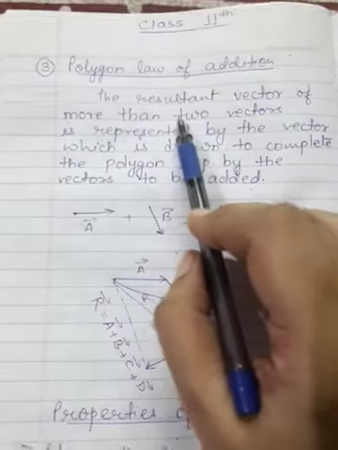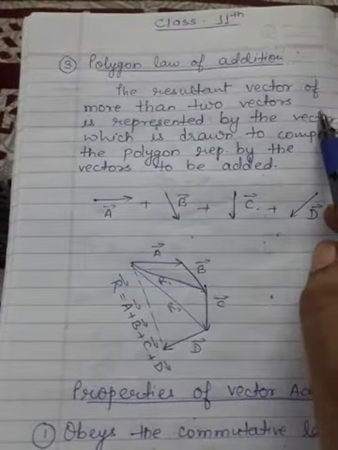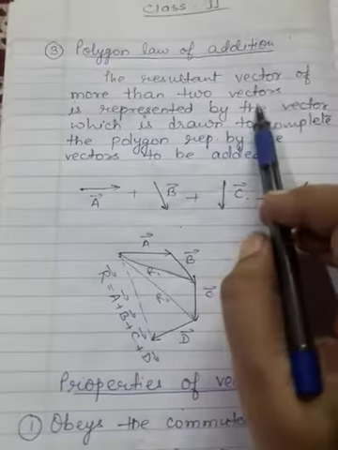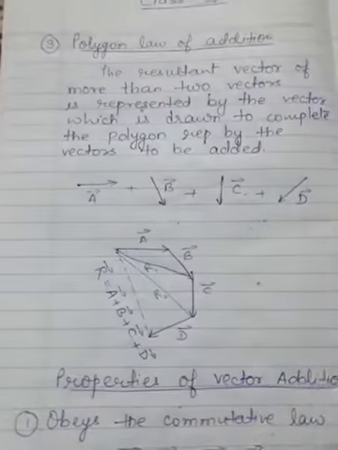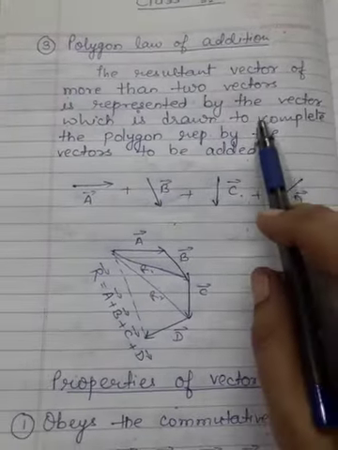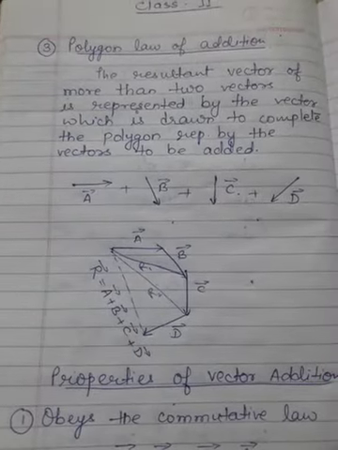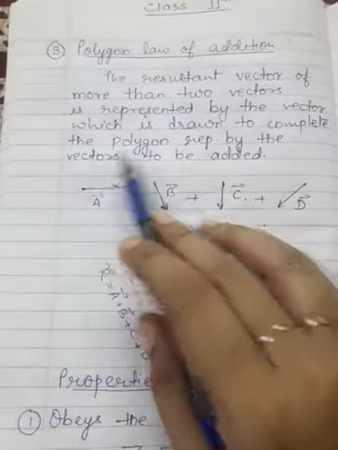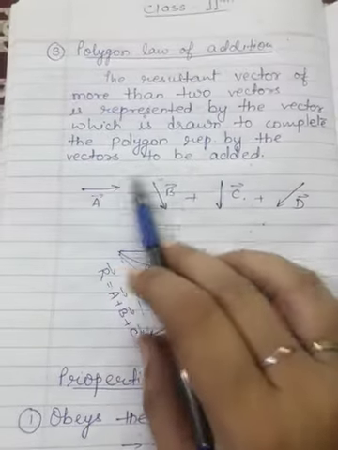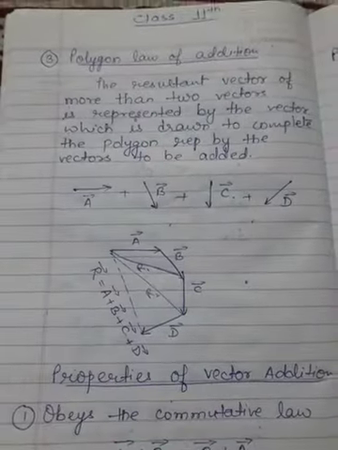The resultant vector of more than two vectors is represented by the vector which is drawn to complete the polygon, formed respectively by the vectors to be added.